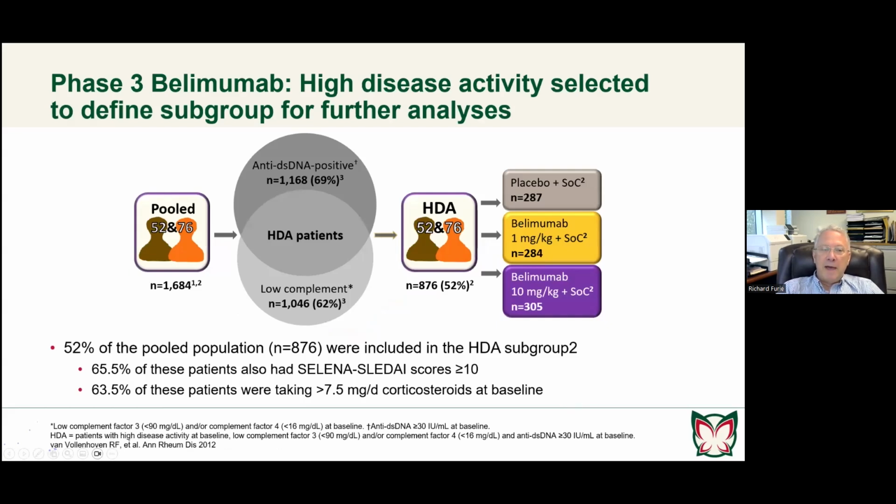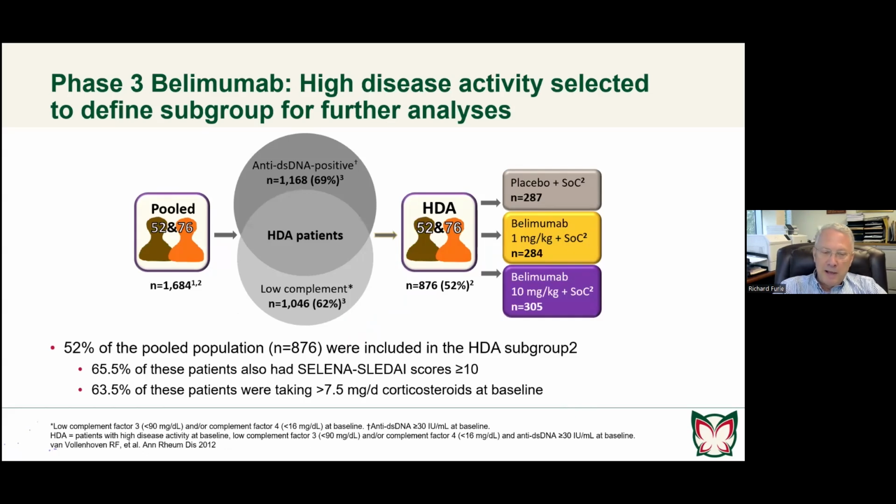Now let's also go back in time to the phase 3 belimumab program. So the question is, could we do something to identify patients who might be better responders, who would have a high rate of response? And so that led to the phrase high disease activity, HDA. In this particular analysis, this was a post hoc analysis, first author was Ronald van Vollenhoven, where the BLISS-52 and the BLISS-76 data were combined.